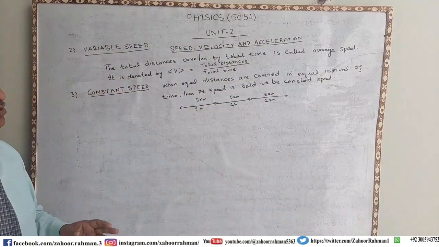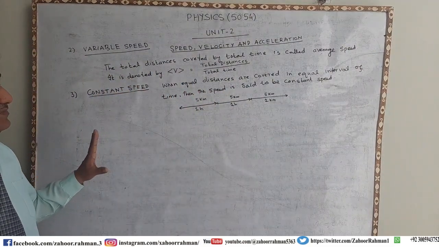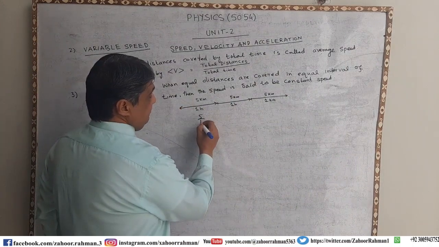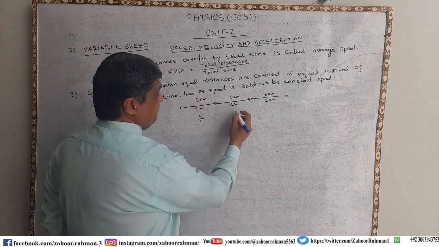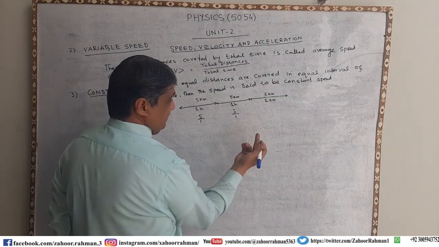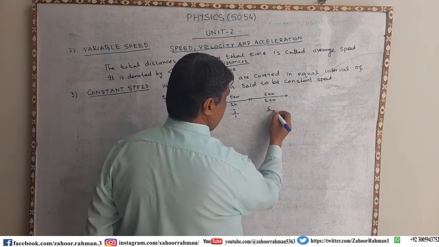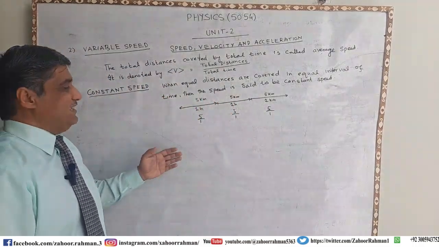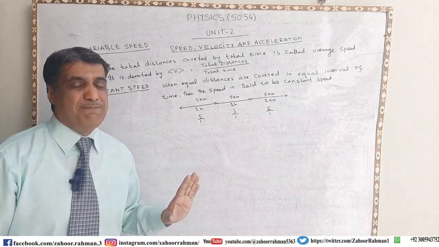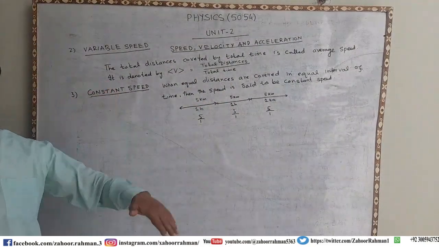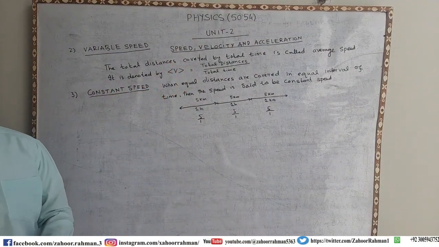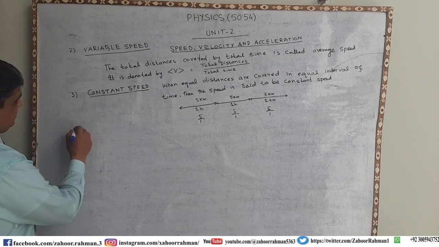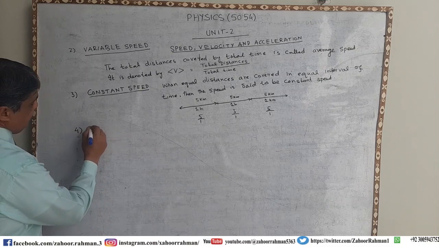Then the car is moving with constant speed. 5 divided by 1, 5 kilometer per hour. It means that 5 kilometer per hour is the speed from here to Islamabad. So it means that the body moved with constant speed.